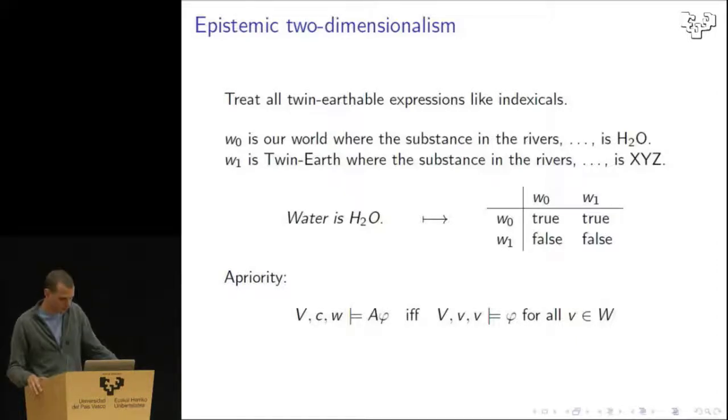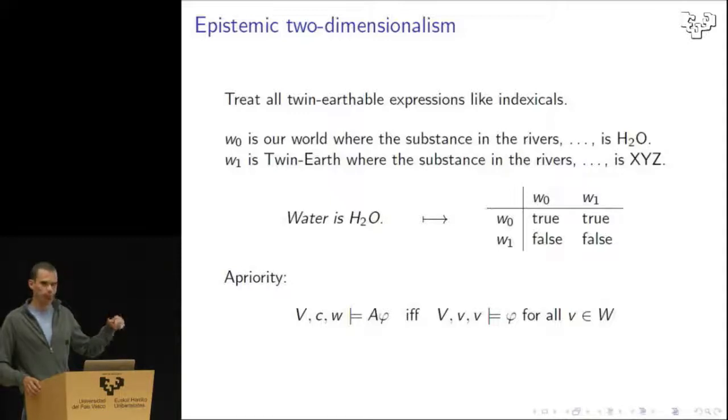Okay, and if we do this, then the idea is that in this sentence, water is H2O, the term water is in some sense functioning like an indexical. So relative to different contexts, it picks out different substances as the referent of water. In our world, it would turn out to pick out H2O.